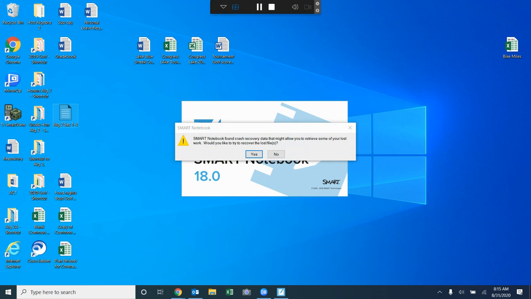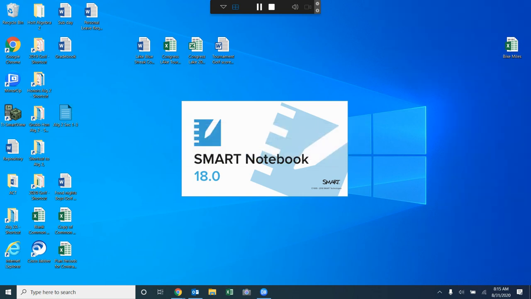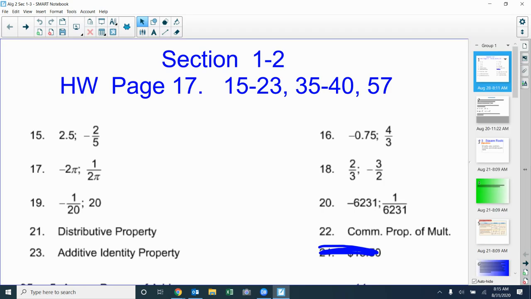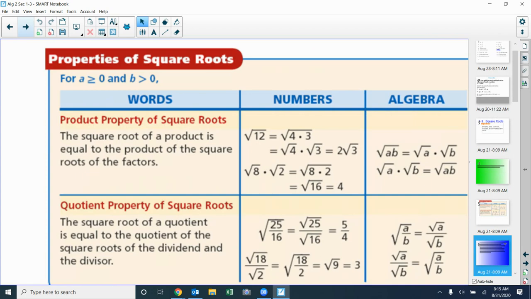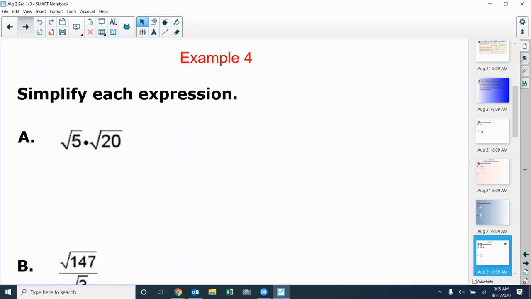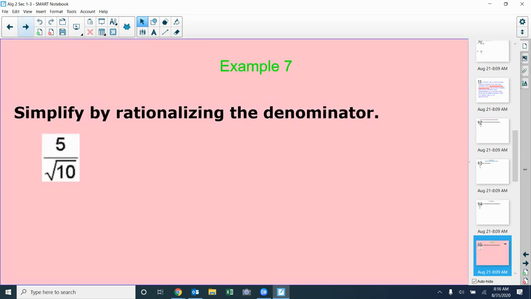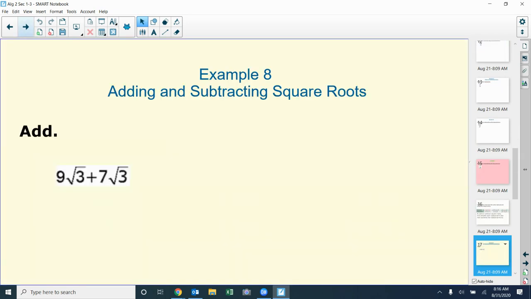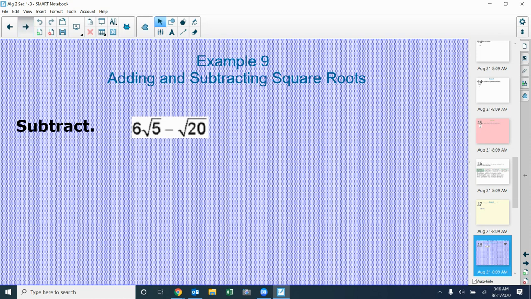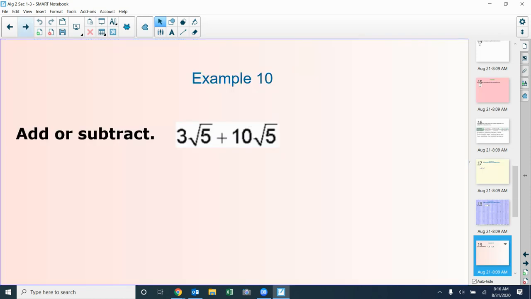Nope, we don't want to recover. Take the old one. I'm not sure what button I hit there, but it messed up, didn't it? All the writing's gone. We were done with that one, that's what we just did, right?